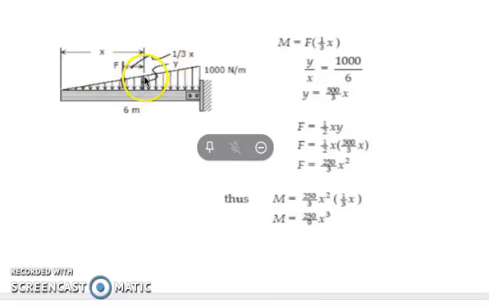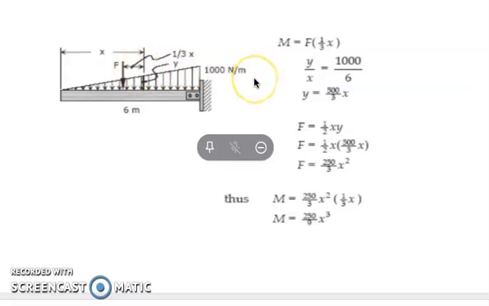This is 1000 Newton per meter, and the ordinate at the cut section can be denoted as y. Our moment on the cut section, considering the left member, would be F times the moment arm distance, which is 1/3 of x.